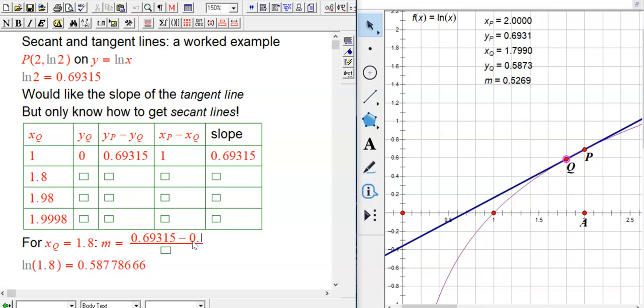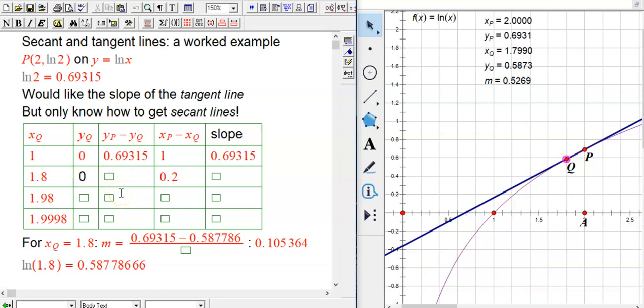I probably want pretty good accuracy here, because the whole point is that when you get close, you're taking the difference of two very, very close numbers, and you want that to be very precise. On the bottom, of course, it's not too bad. That's just 0.2. Let's get the numerator here, just the difference in the heights. I want to write that down on my table.